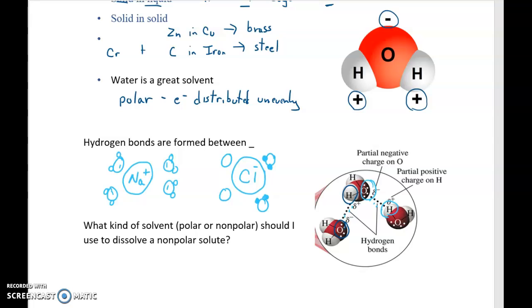There's my hydrogens. I always think of these as Mickey Mouse ears. Okay, so the hydrogens face away if the ion is positive, and they face toward if the ion is negative. So they're able to solubilize both negative and positive ions.